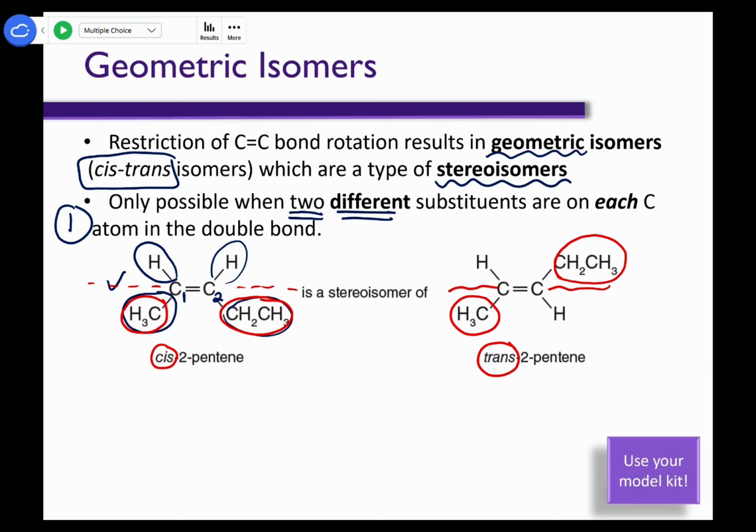And while you're at it, grab another double bond, that alkene, and build the molecule on the right, where the methyl group is pointing down off of carbon 1, and the ethyl group is pointing up off of carbon 2.